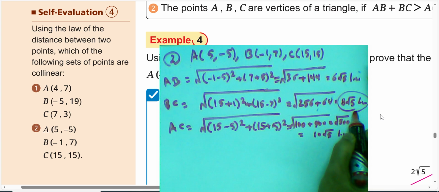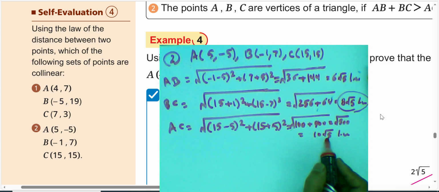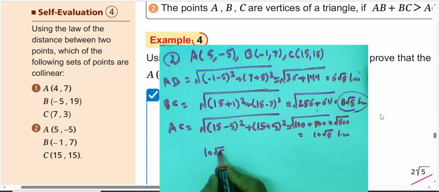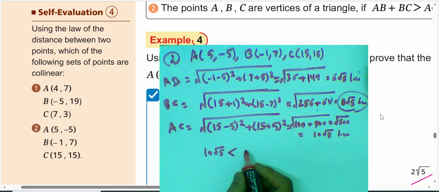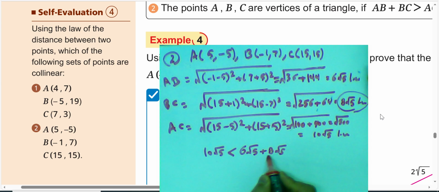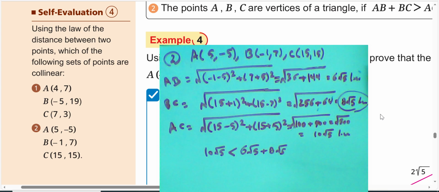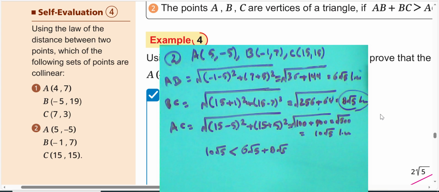Look at here. 10 root 5 is greater, comparing between 6 root 5 and 8 root 5. Then the 3 points are vertices of triangle, not collinear. Okay, it's not collinear because this number is not equal to, it is less than.